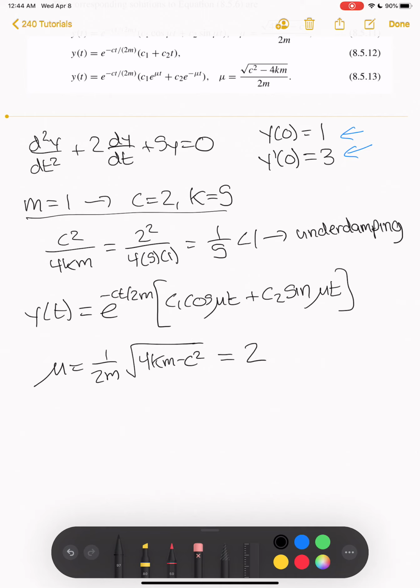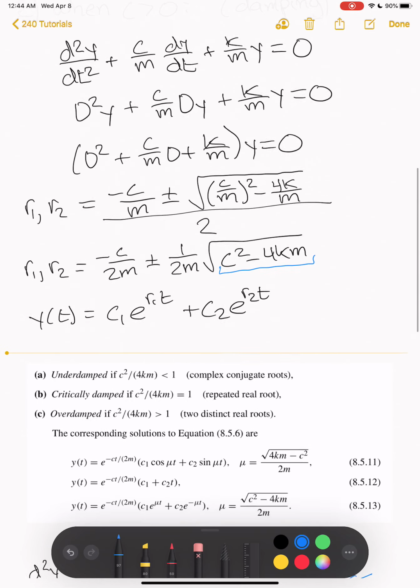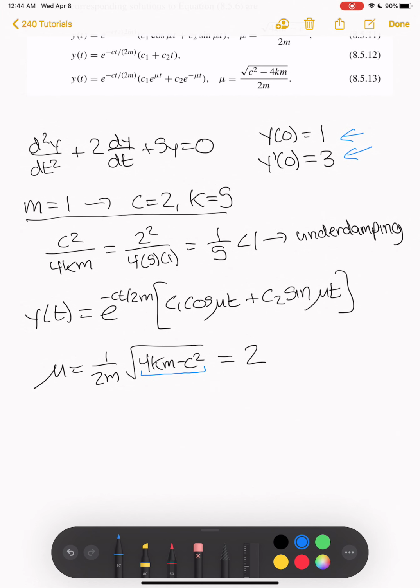And notice that our radical here for mu is the same as our radical up here, but they just flipped it. By flipped it, I mean they took the absolute value of it. That just ensures that your root here will give you a real number, so you can have real solutions. That's just the tactic they used.